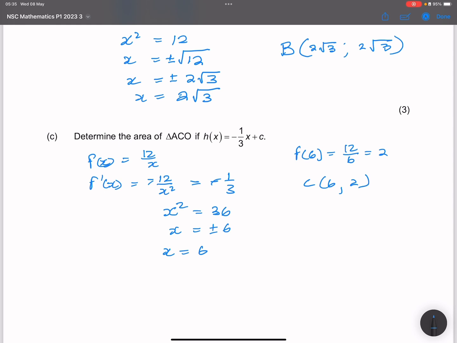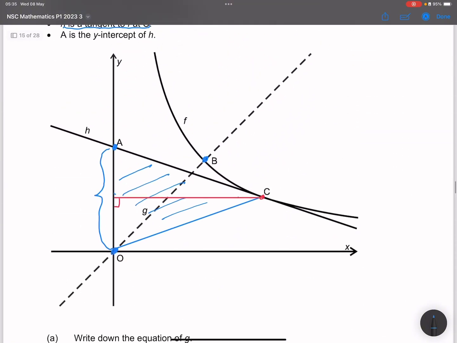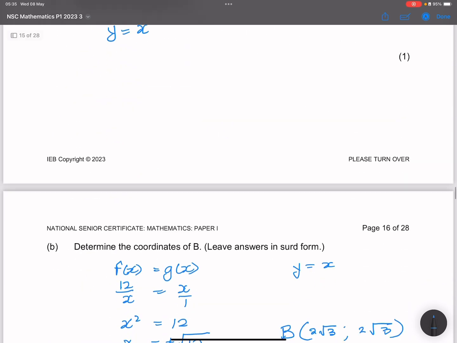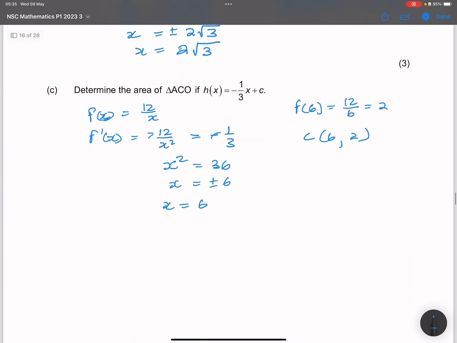Okay, so we also need to find, remember, the coordinates of A, the y-intercept of h. So I'm going to take that line, h of x. In fact, let me write it there so that I've got a little bit of space. So h of x gave us minus 1 over 3 x plus c.